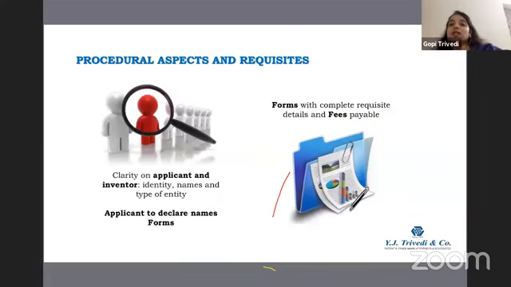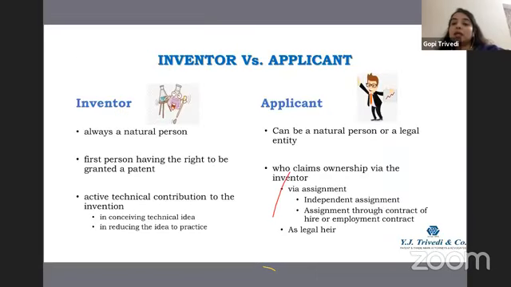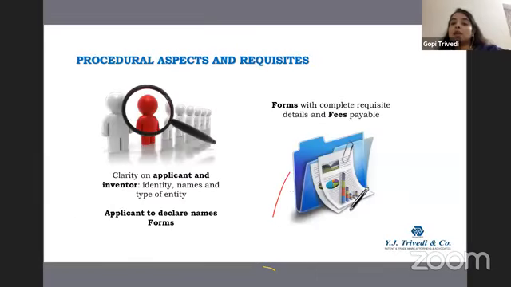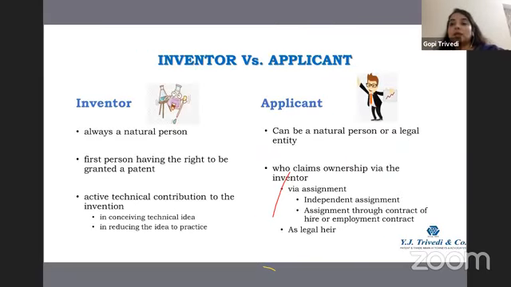Now the procedural aspects: you are supposed to file the forms. Forms will expect certain procedural or clerical details, such as your names, your type of entity, your origin, that is your nationality, details of inventors, etc. So the next question that comes to mind is: who is an inventor and who is an applicant?